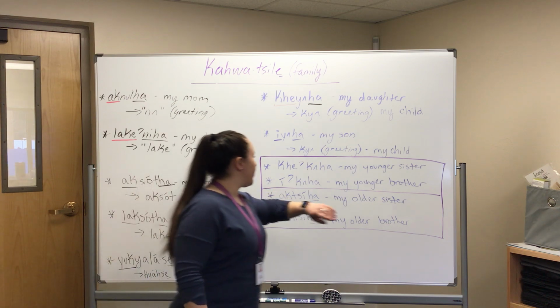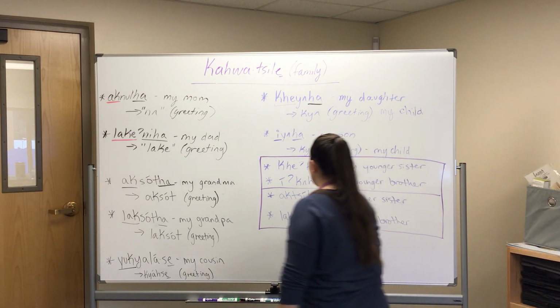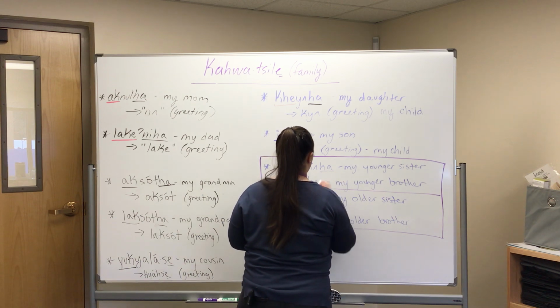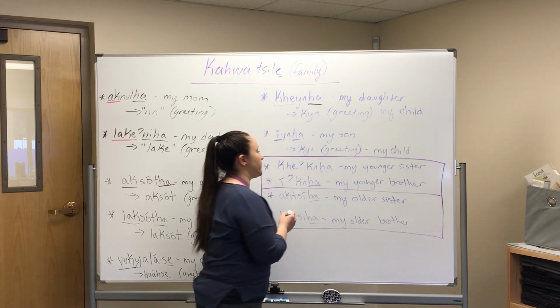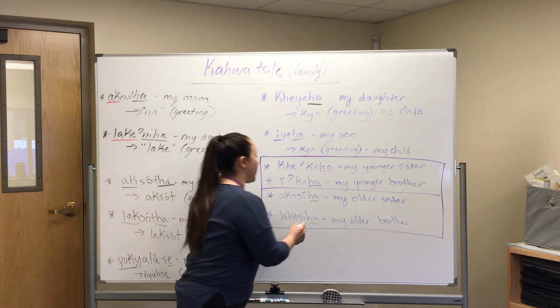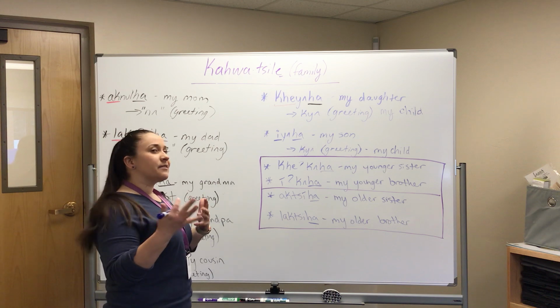The last part of this video that I'm going to go through is siblings. Same similarities, and I grouped them similarly so I want you to notice the roots on here. Kegaha is my younger sister. Igaha is my younger brother. Sorry, I forgot to underline the whispered endings, but you are starting to get the gist of that.